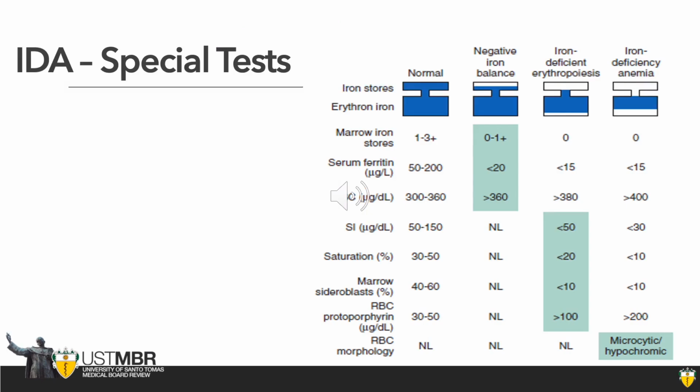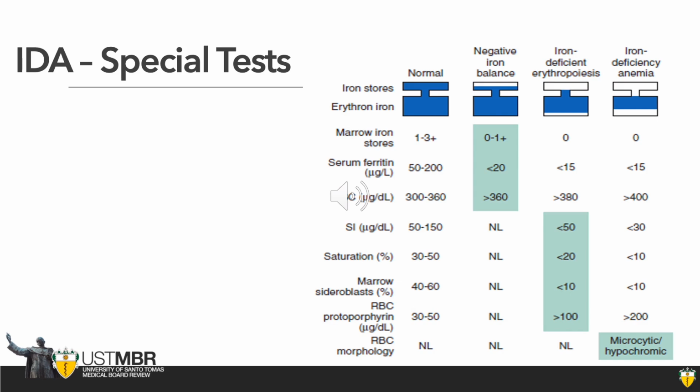This is an important slide. It's a must-know at your level, and this is the different stages of iron deficiency. So the first stage would be a negative iron balance, and as you can see, the one which is affected here, you would note a decrease in iron stores, but the erythron iron, or iron that is in the bone marrow, would be relatively normal.